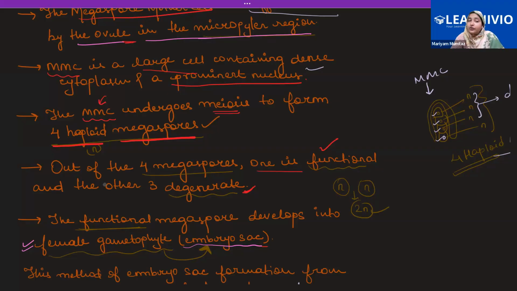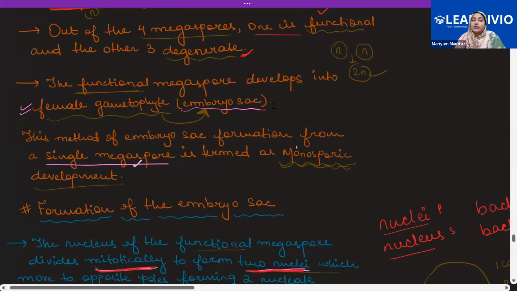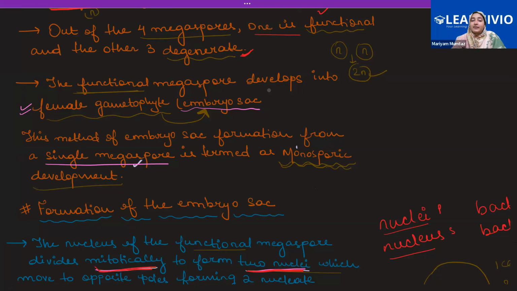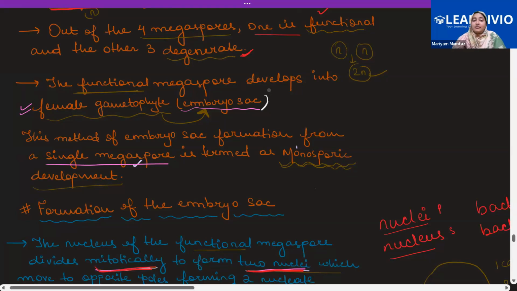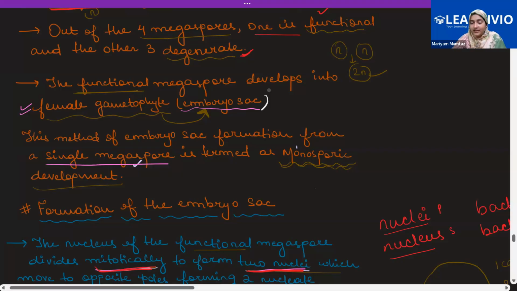Out of these 4 megaspores, only one is functional and the other 3 are not functional, so they will degenerate. The functional megaspore develops into the female gametophyte, that is the embryo sac. Since only one megaspore leads to the formation of the gametophyte, we call it monosporic development.